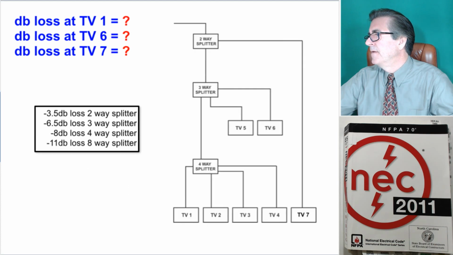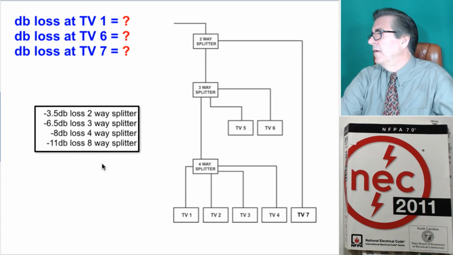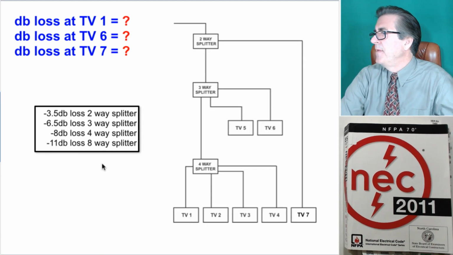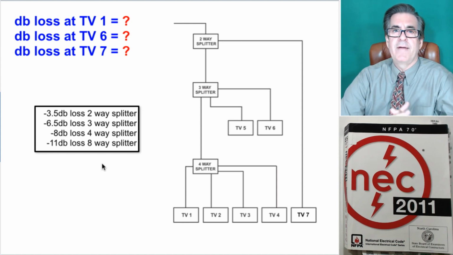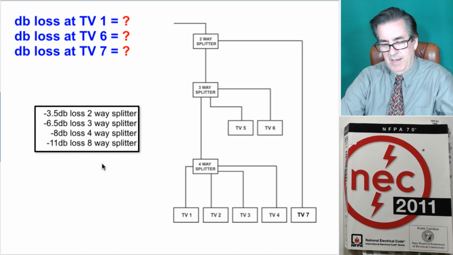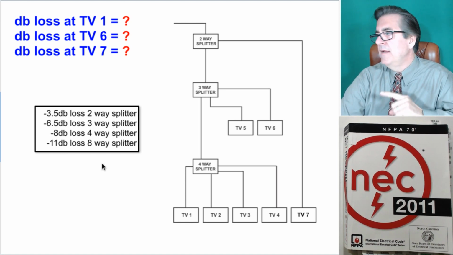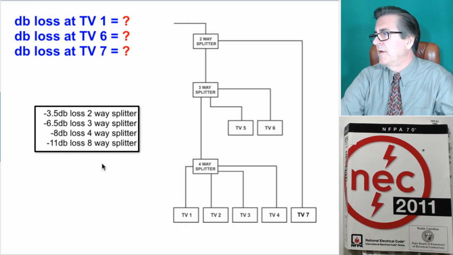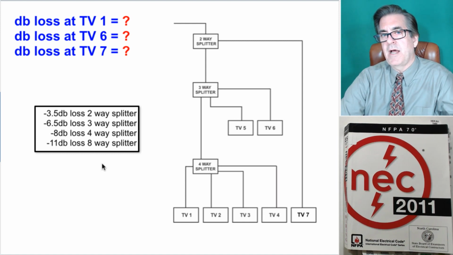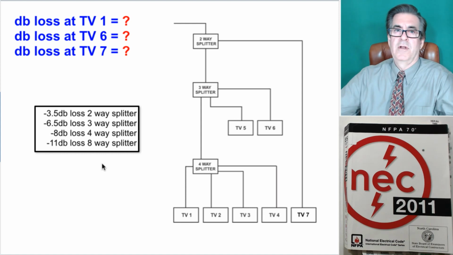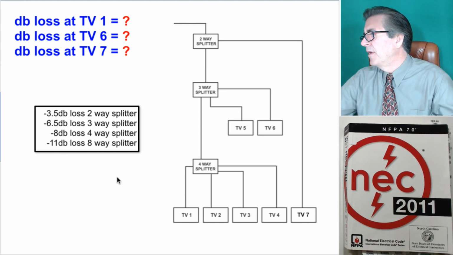Now, what do we have on this representation, this block diagram? You have no input at all here, so you're to assume the level is 0. Just keep it at 0, and I believe this is the way they're going to present it to you, with some dB coming in and with no dB there. So the first question is TV1. TV1's down here.